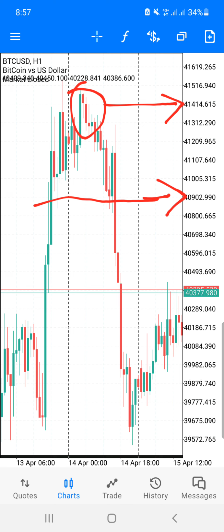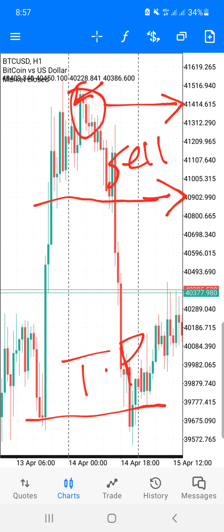Let's say this is where my TP is, since I'm selling. So if I miss the entry, I can set a sell stop here, so that when Bitcoin price goes down and reaches 40,902, it will continue selling.